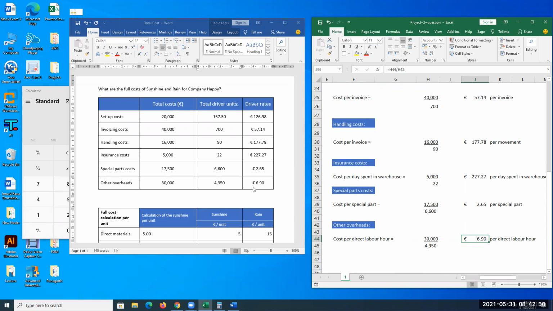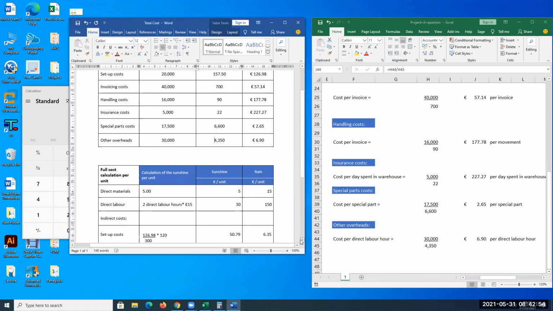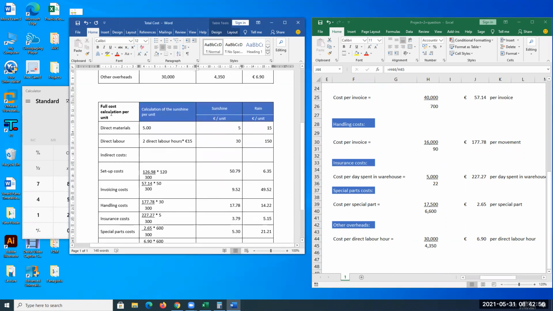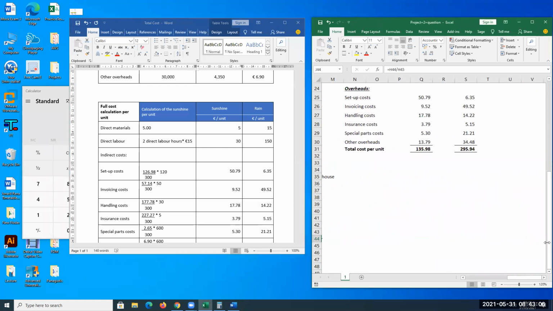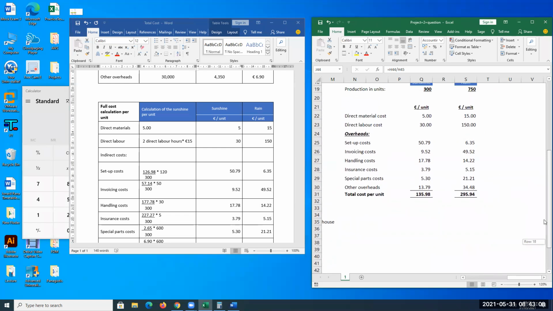Now, in the second table, the question was, they were saying, calculate the full cost per unit of sunshine and rain. So these figures we calculated here per unit. Okay, so these are the figures.